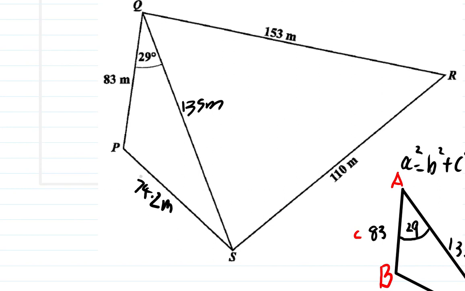So therefore the perimeter equals, it starts from P, you're going around.